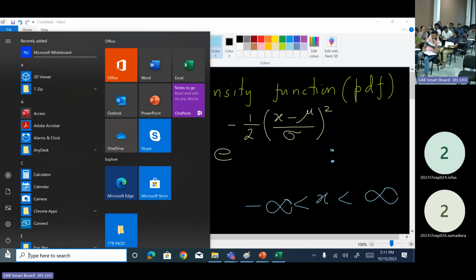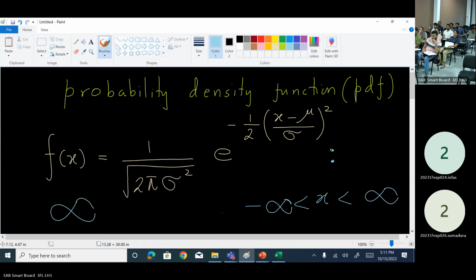Don't write like this. This is different. That is alpha. So here it should come minus infinity. So that is the function which gives that shape.